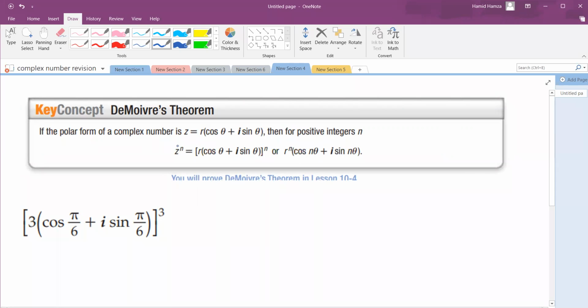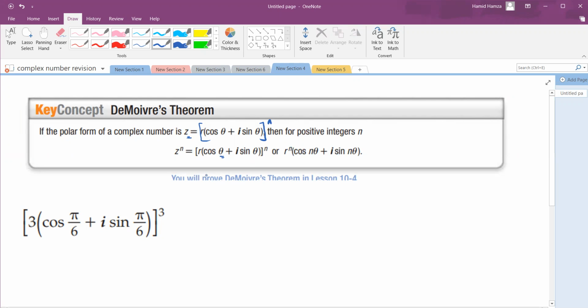If you raise this number to a power, Z to the power n, for example, that means we will raise these parts to the power n. Then we distribute the power over the modulus, so it will be r to the power n, and we multiply the power by the angle, the argument theta. So it will be cosine n theta plus i sine n theta.